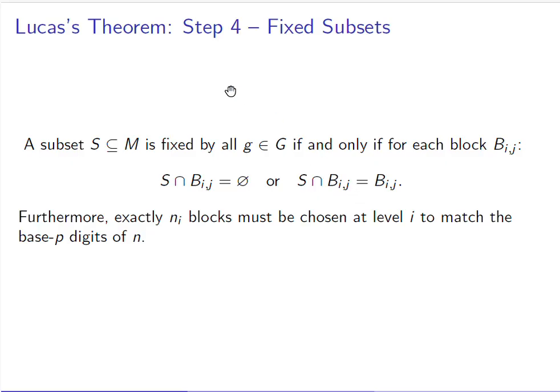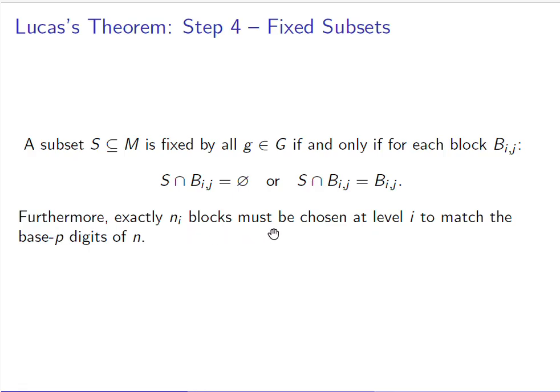If it contains part of a block, then because each element is acting by rotation, it's going to rotate those elements and move some of them outside that set. So it has to contain the full block, or it doesn't contain anything at all in a block. So essentially, the fixed subsets are just unions of those blocks that we defined. That's the only way a set can be fixed, if it's a union of blocks, or an empty set.